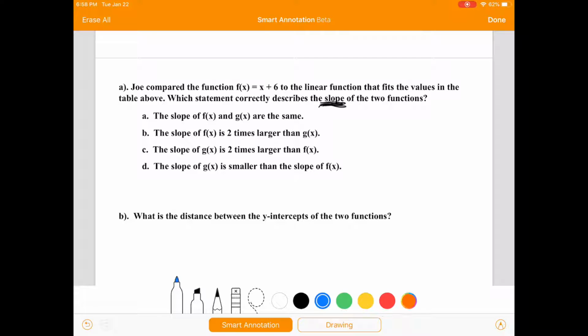What is understood if there's not a number in front of a variable? It's 1. So there's an understood 1 in front of the x. So we've got f of x equals 1 times x plus 6, and our slope is going to be that 1.